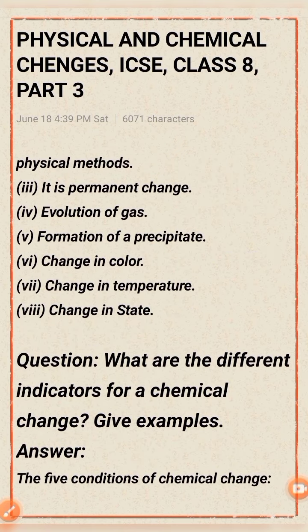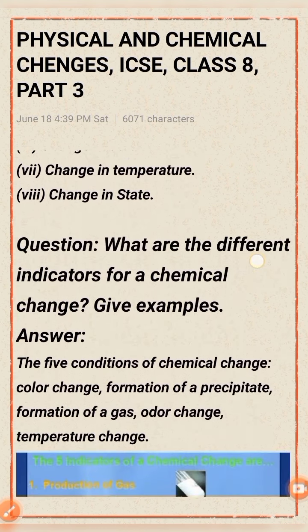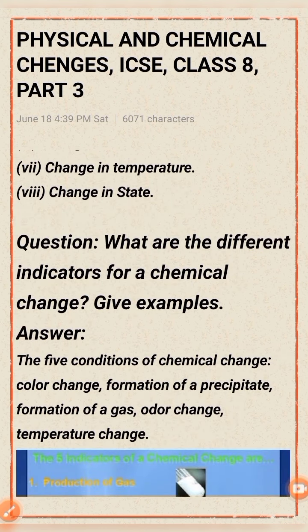Next question: what are the different indicators of a chemical change? Give examples. The five indicators, that is, five conditions of a chemical change: color change, formation of a precipitate, formation of a gas, odor change, temperature change.